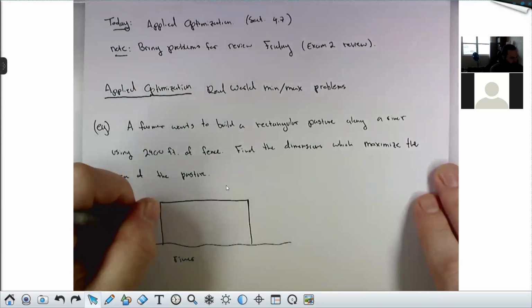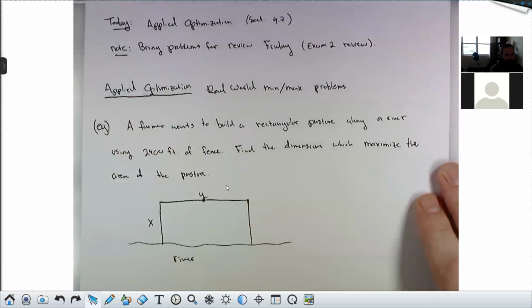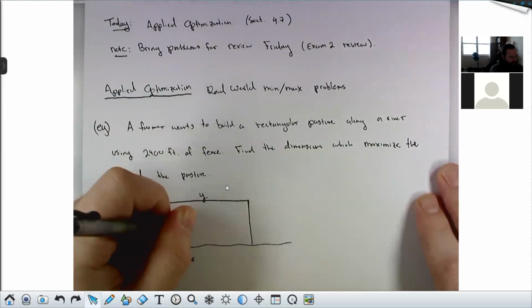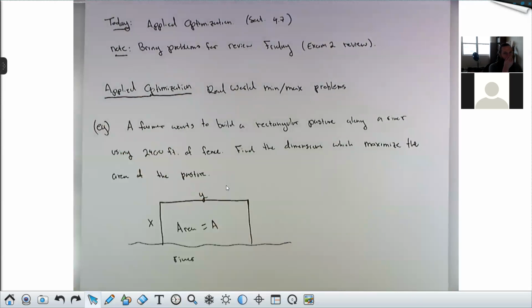I'll call this side length X and I'll call this side length Y. Then the area inside here is the thing I'm trying to maximize, so that needs a name too. I don't need a different variable for this side because it's a rectangle. So this side is the same as this side over here. They're both X. I don't need a variable over here because I don't even have any fence over there. That's along the river, so I don't even care about that side.